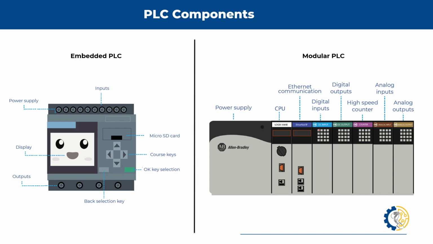If the sensor is detecting anything, it's going to power up this light. If it's detecting a different sensor at a different point, that one is going to power up. Okay? The same thing happens with the outputs.